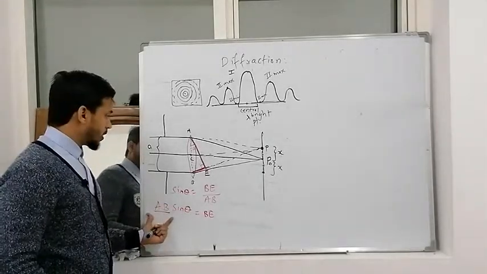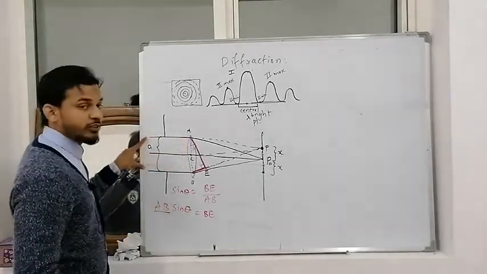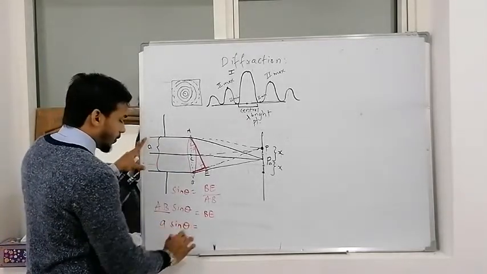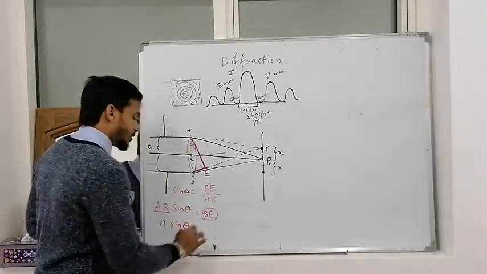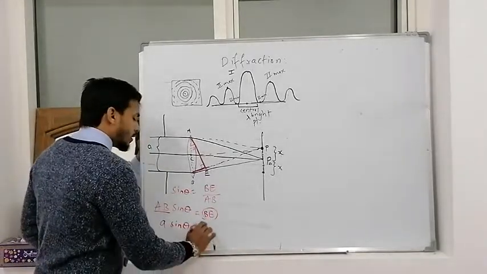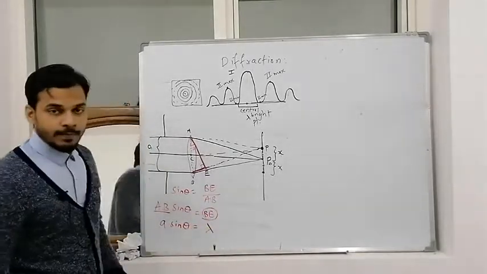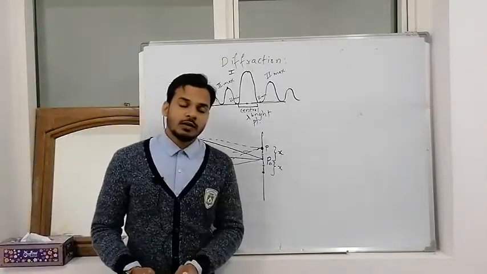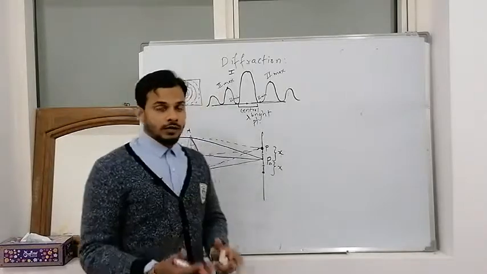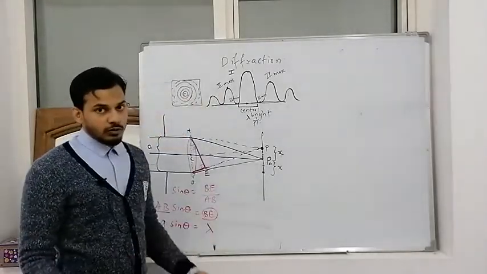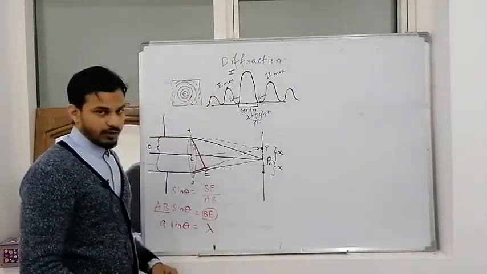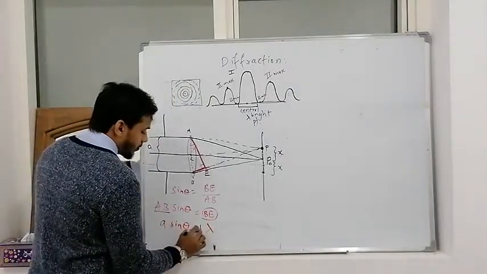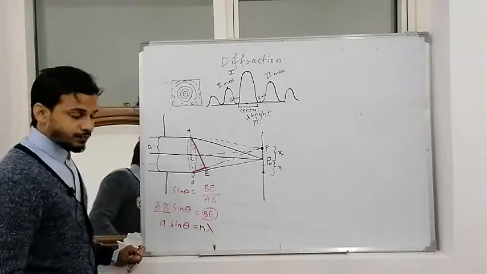What is AB? This is nothing but the width of the slit, that is A sine theta. This BE is the path difference that we are going to denote by lambda, because it directly relates with the color. Color depends on the wavelength. That's why I have written lambda. So it will be n multiple of lambda.